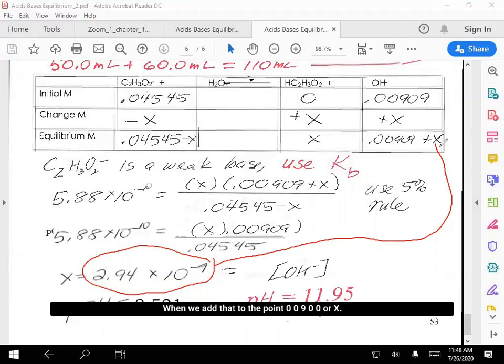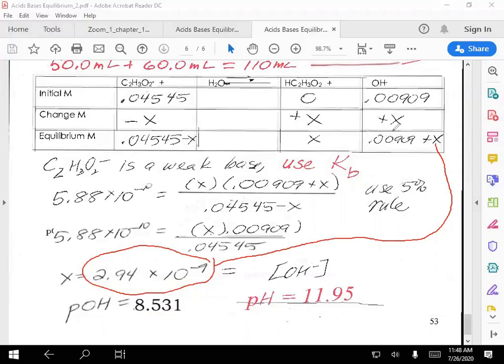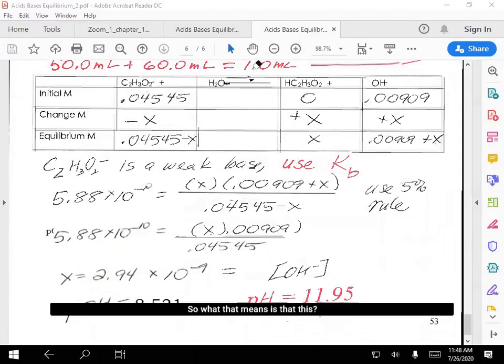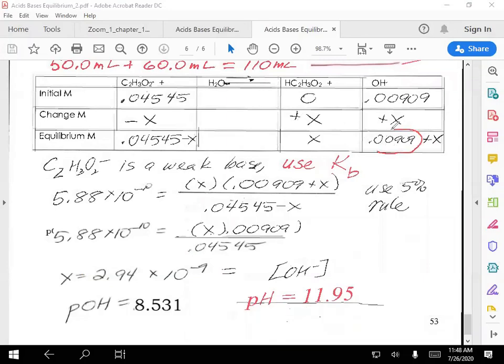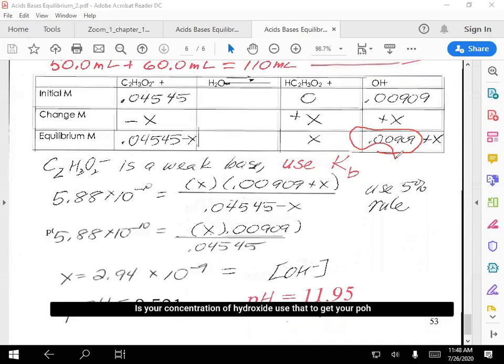When we add that to the 0.00909, it doesn't even change this value. So what that means is that this is your concentration of hydroxide. You use that to get your pOH, and then from the pOH, you can get your pH.